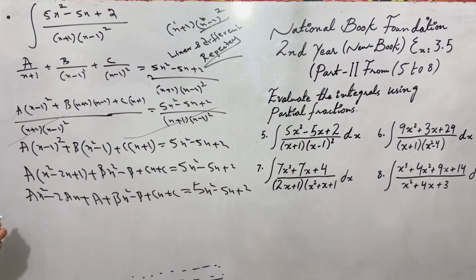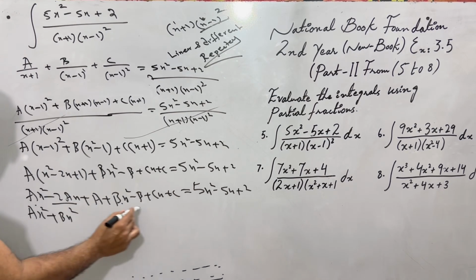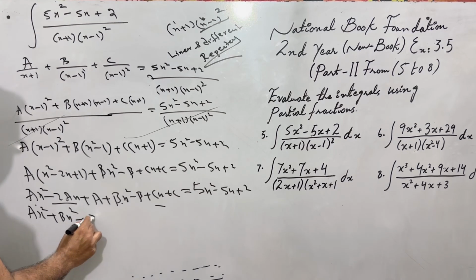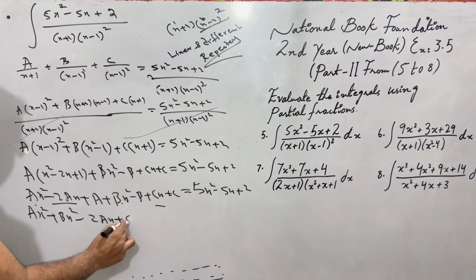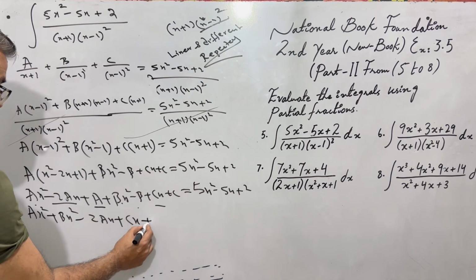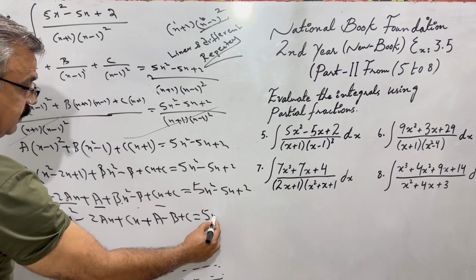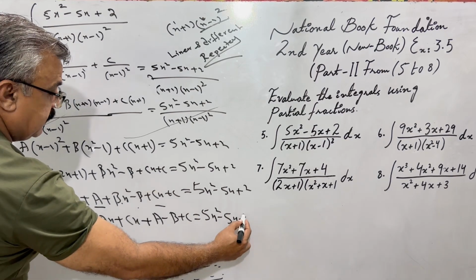Collecting the like terms: Ax², Bx², then x terms, minus 2A x plus Cx. Constants: A, negative B, and C, plus A, negative B plus C, is equal to how much? 5x² − 5x + 2.